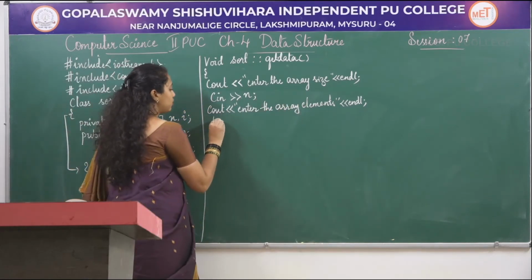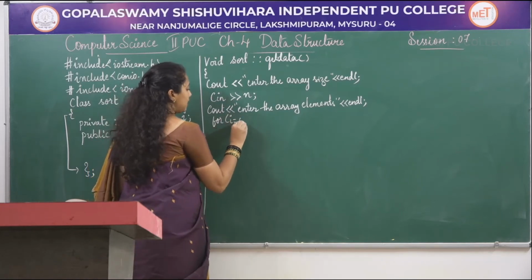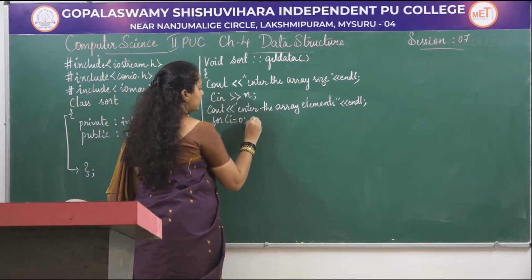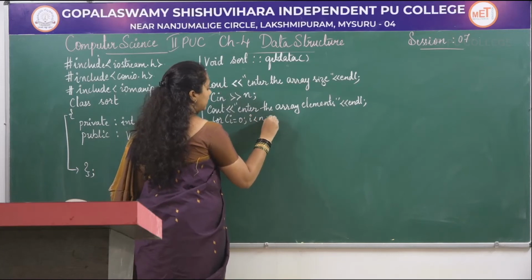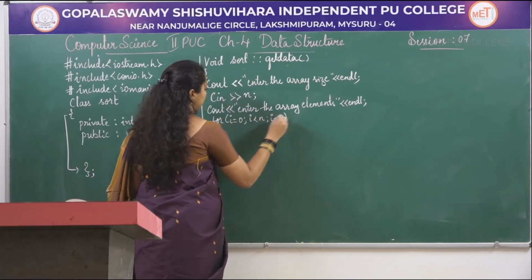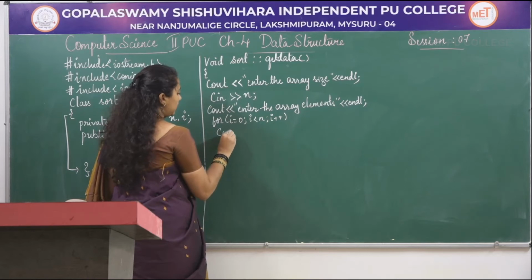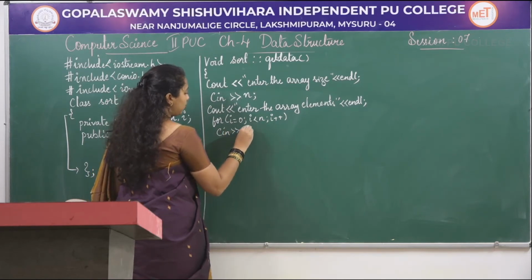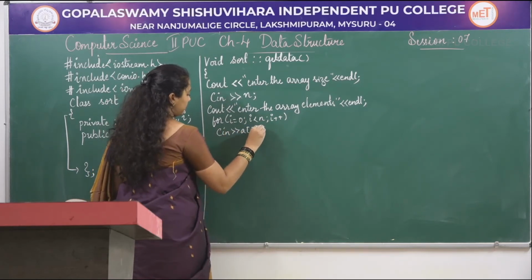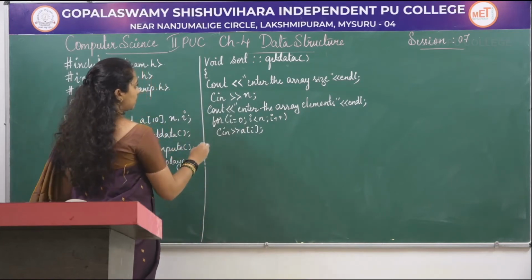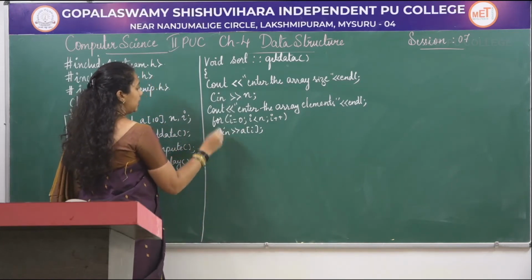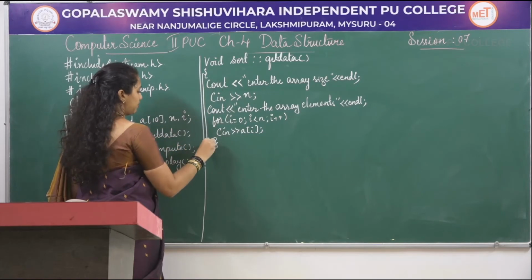Using a for loop we are going to accept the array elements: i equal to 0, i less than n, i plus plus, cin a of i. So this is about the getData function. I am going to close this function.